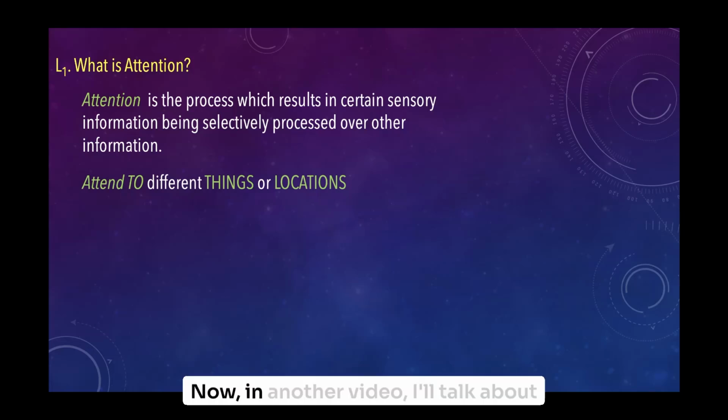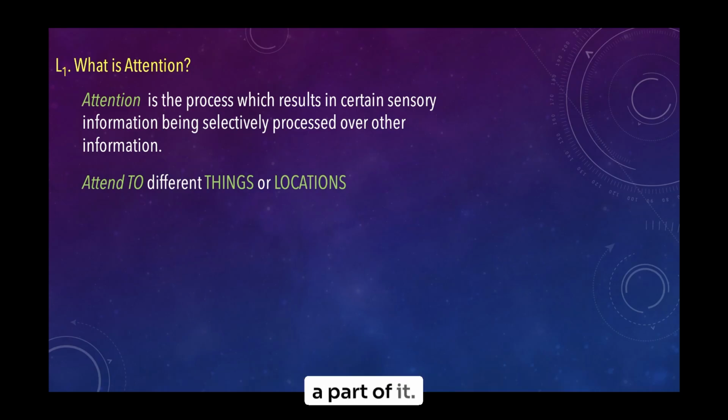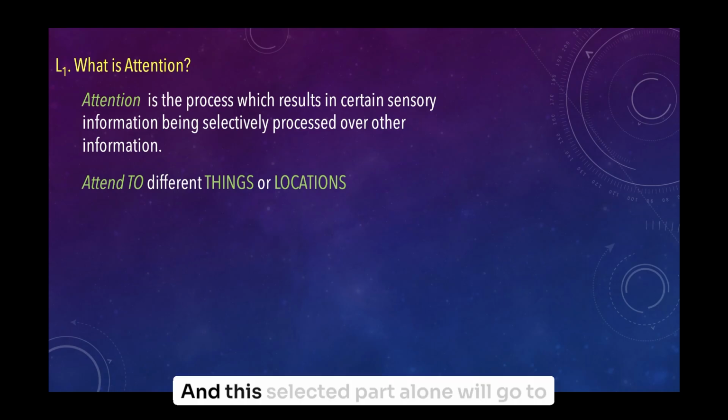Now, in another video, I'll talk about the experiments that led to discovering this: out of this, 76% of information stays in your sensory memory long enough for your attentional system to kick in and select a part of it. And this selected part alone will go to further processing for interpretation, which is perception.